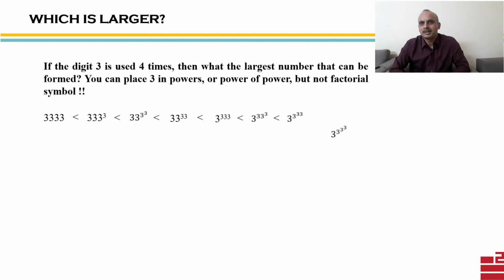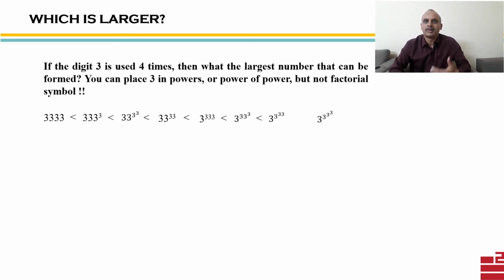Our last number is now left, 3 to the power 3 to the power 3 to the power 3. Is it larger or smaller than 3 to the power 3 to the power 33? So let's compare these two numbers. In these two numbers, 3 to the power 3 is there in both, and then to the power 33 there and to the power 3 to the power 3 there.